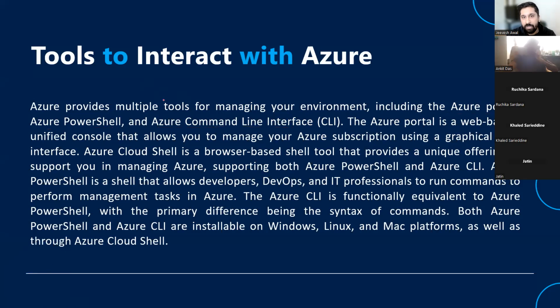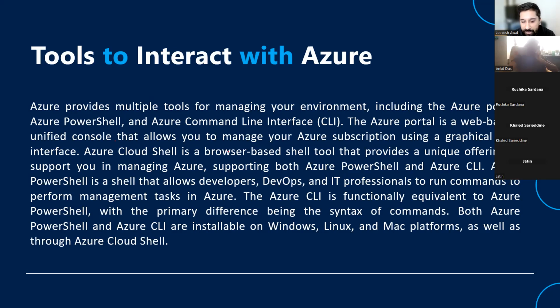CLI is when you are connected via a command line interface to Azure, you can run commands to create a service, provision a service, delete it, scale it up, scale it down, whatever you want. And then a similar thing could be done from PowerShell as well, which gives you more features over the command line.